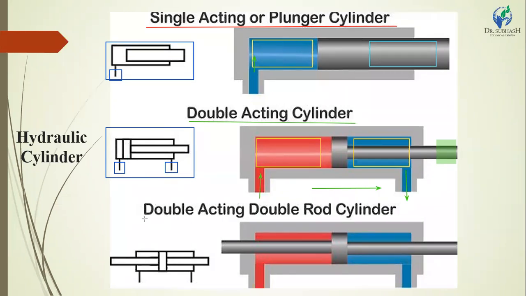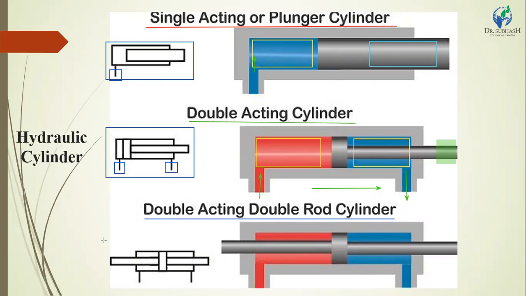The next is the double acting cylinder with double rod. Here the piston rod is attached on both sides, whereas here the rod is attached on only one side. For this double acting cylinder, the rods are attached on both sides.